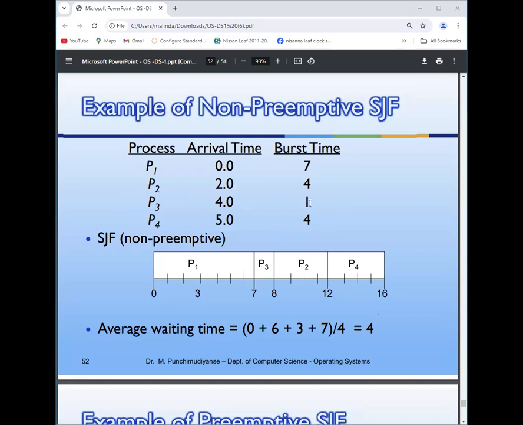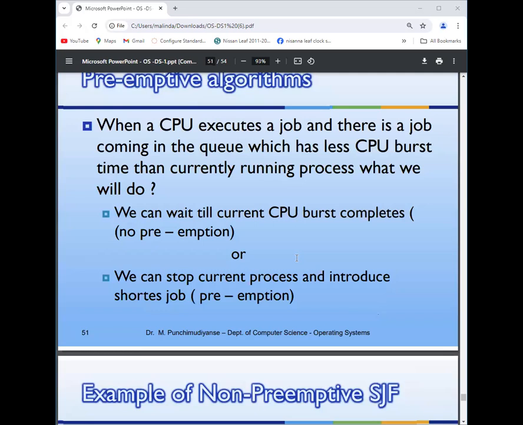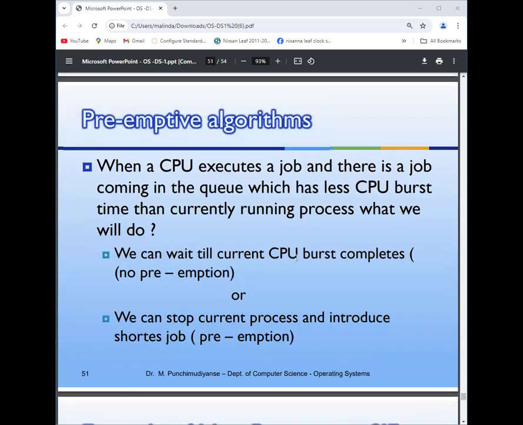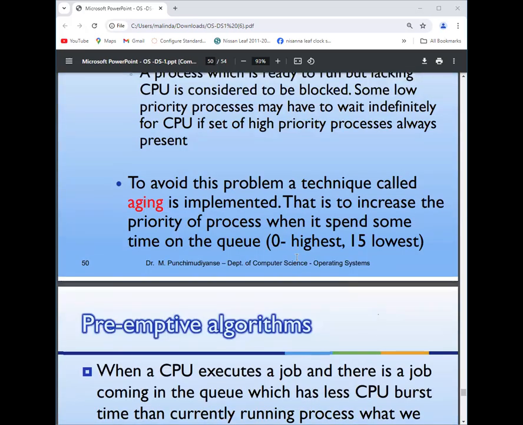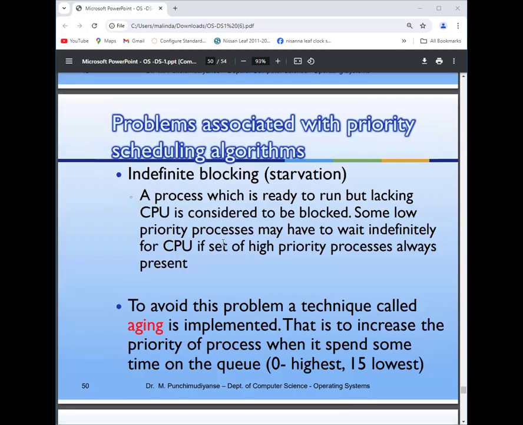When the burst time is equal in the non-preemptive or SJF algorithm, we have employed the first come, first served mechanism. However, there are some places where in the question you can see the priority, right?